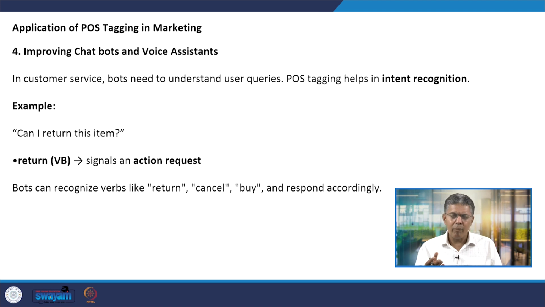So, machine learning and AI have been used to understand, and the sentences are created according to those words. What would the bot say if somebody says, can I return this item? Immediately by looking at the word return, it will give you a suggestive reply.